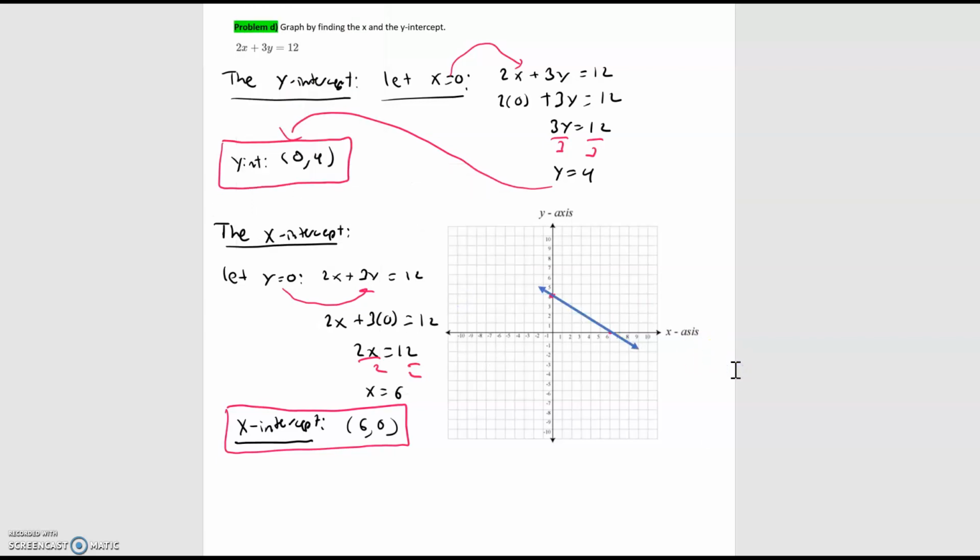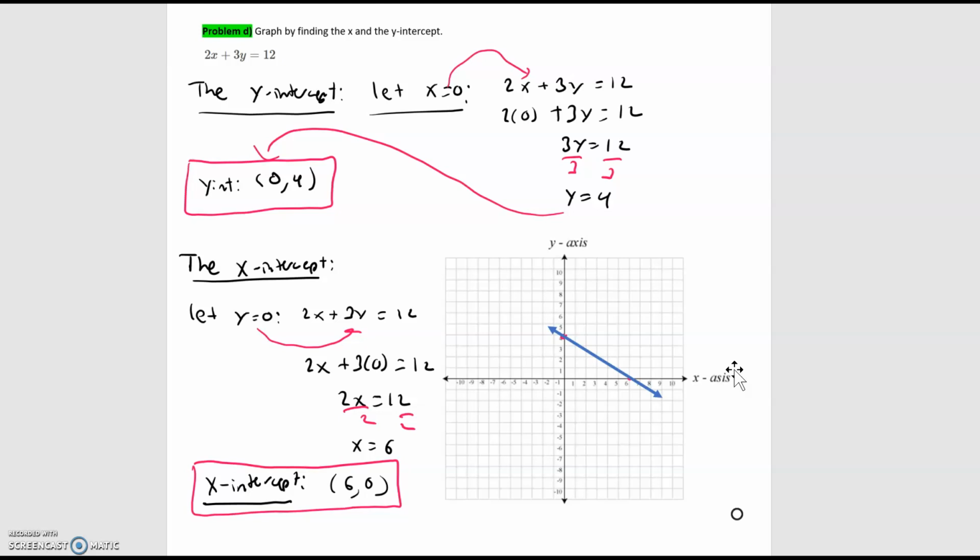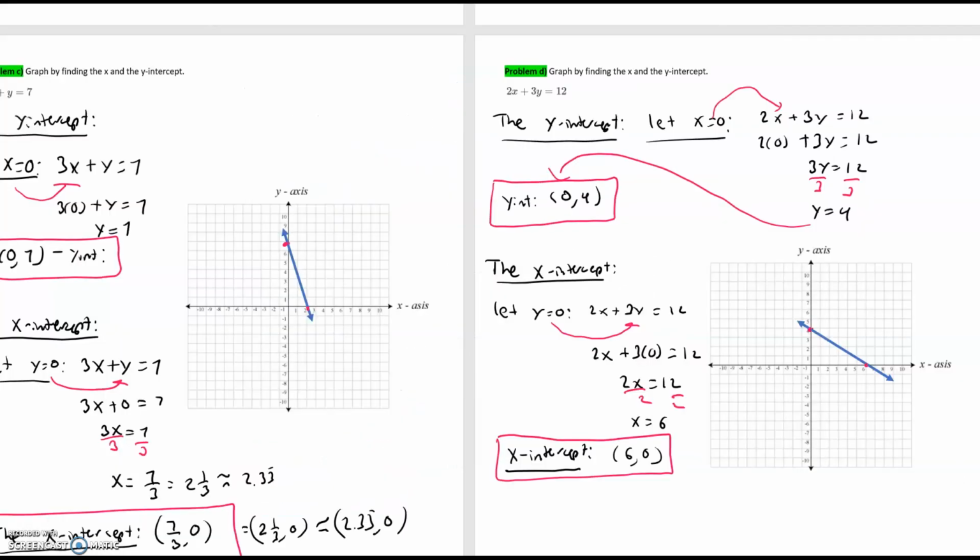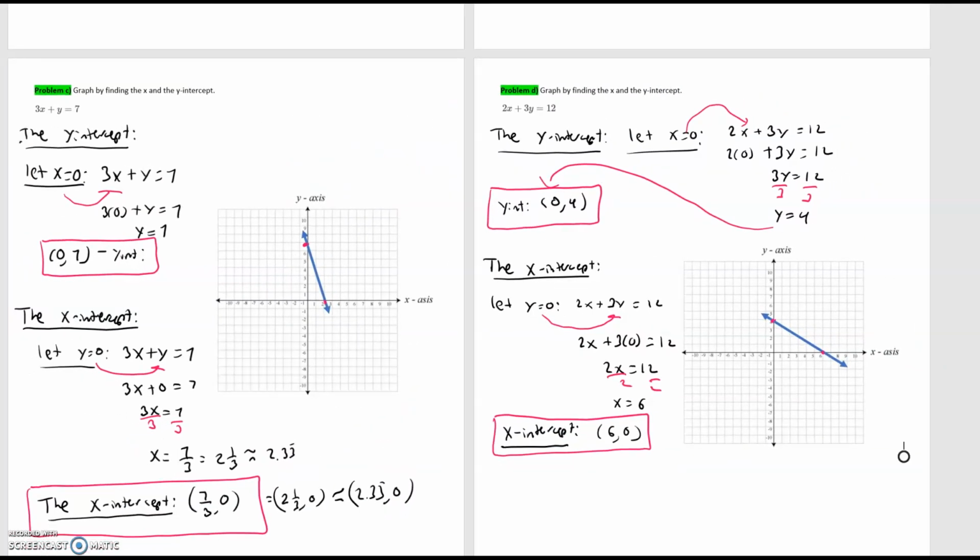Okay, there you can see the actual line. The coordinate points that we found were 0, 4, and then 6, 0. So in this case, we ended up with nice values to evaluate.